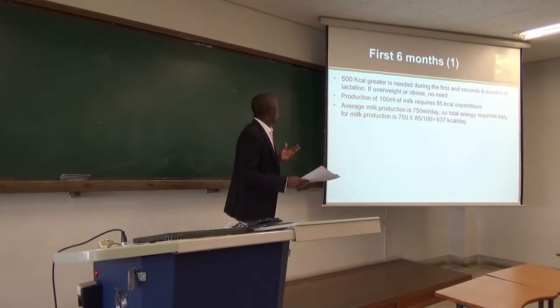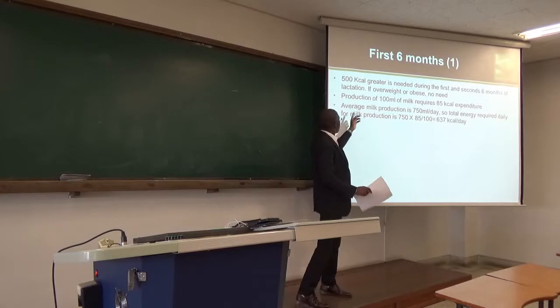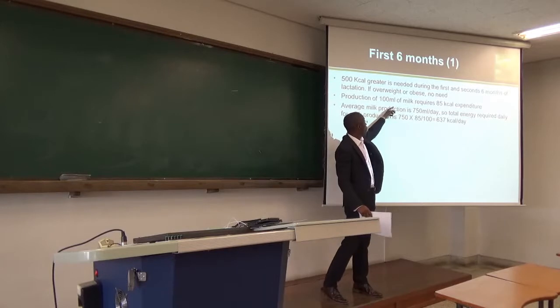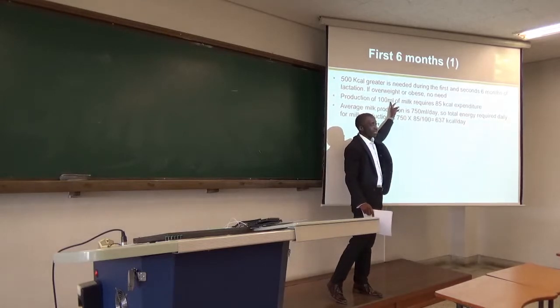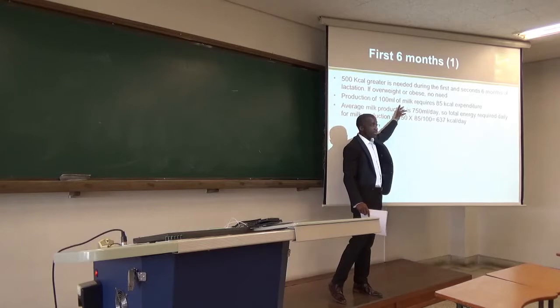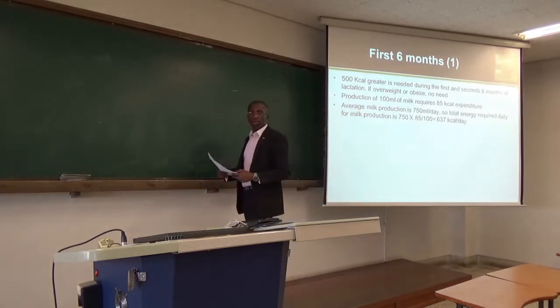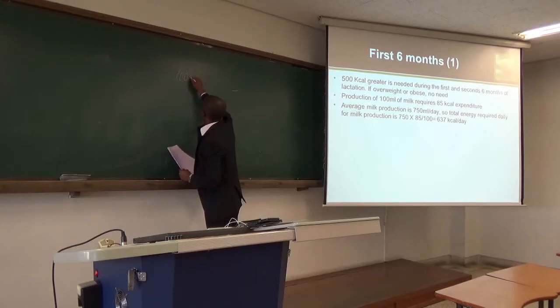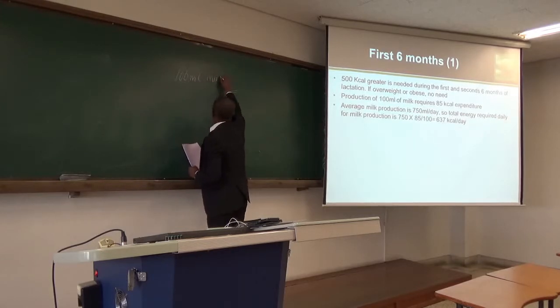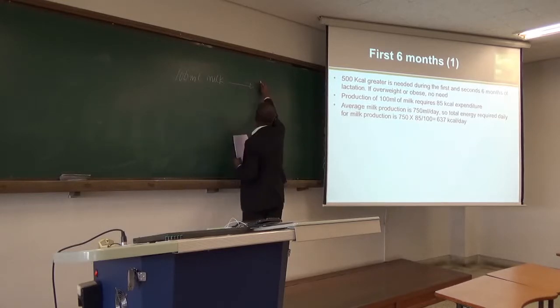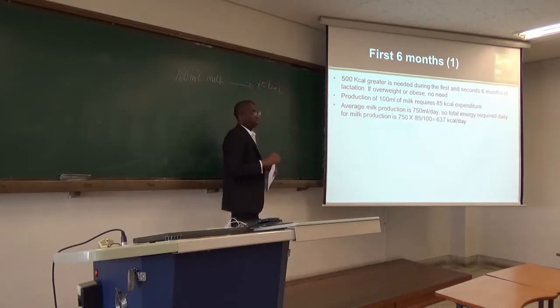Every time the mother is making 100 milliliters of milk, she is actually losing 85 kilocalories. You guys follow, right? So we have 100 milliliters of milk, and then I'm losing 85 kilocalories.